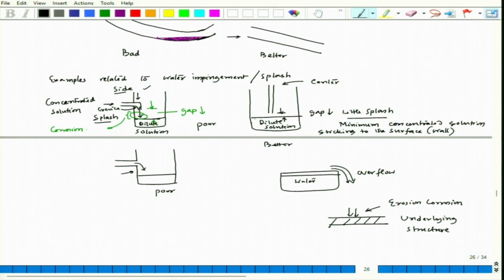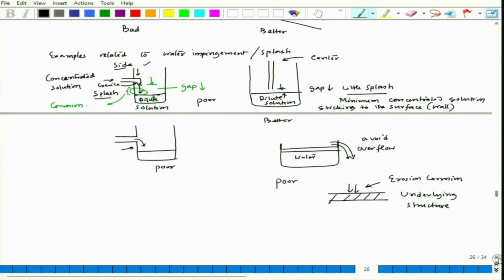The best way would be, we should have a proper boundary so that overflow can be avoided. So, avoid overflow. It actually avoids waste of water, as well as this impingement corrosion related problem can be avoided. So, this is poor.